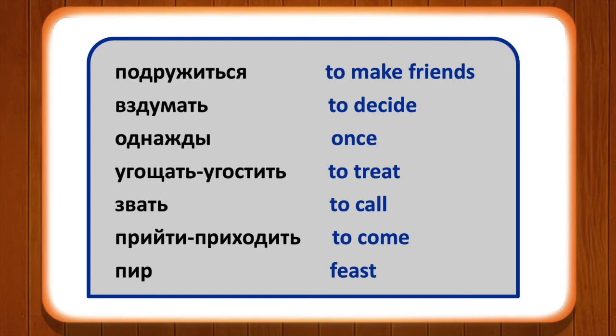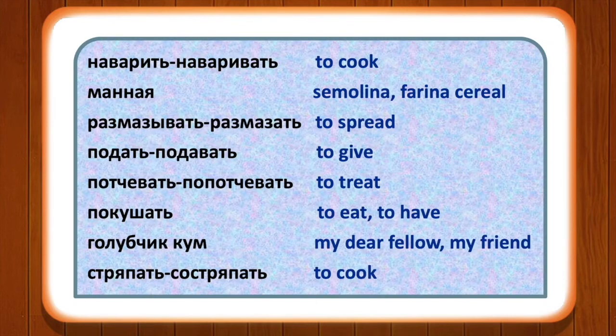This verb means to treat. Next verb is звать, that means to call. Next word is прийти, приходить. That means to come. Next word, please note down, is пир. That means feast.